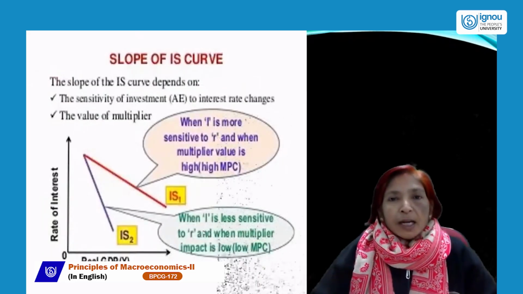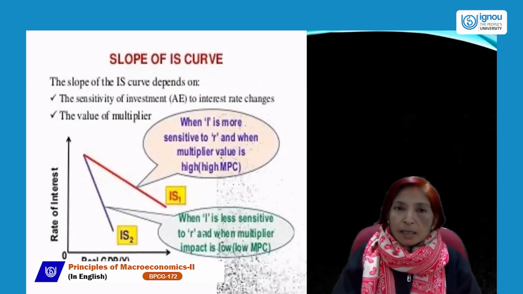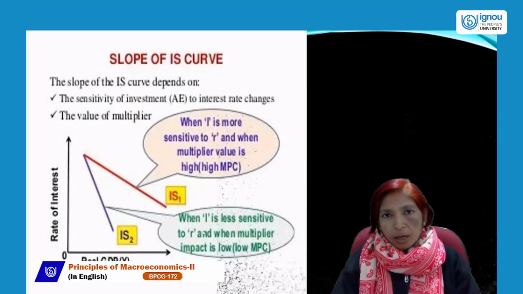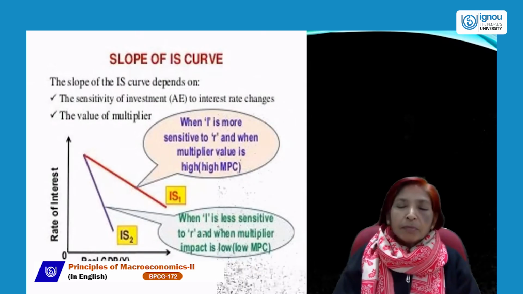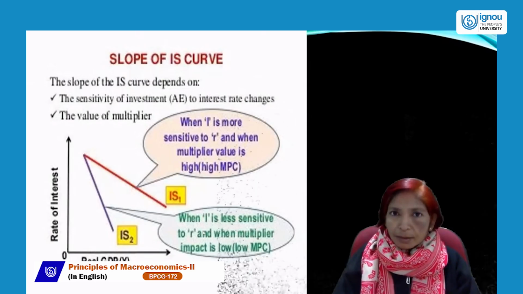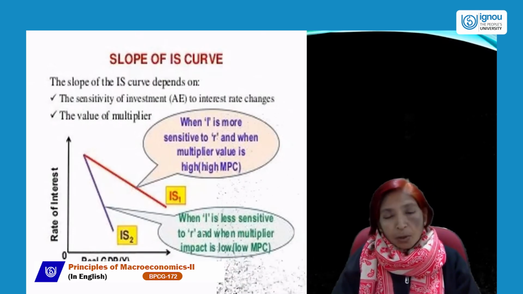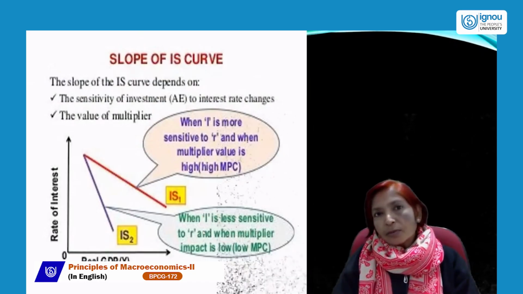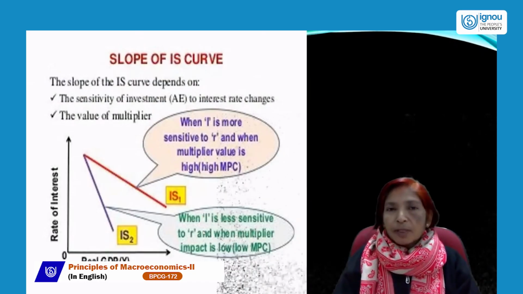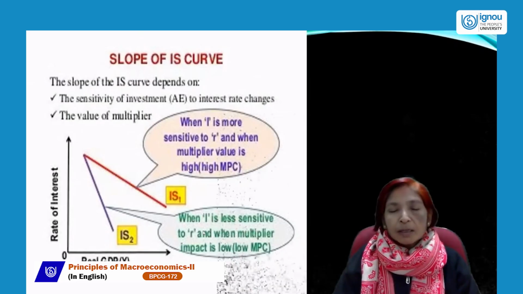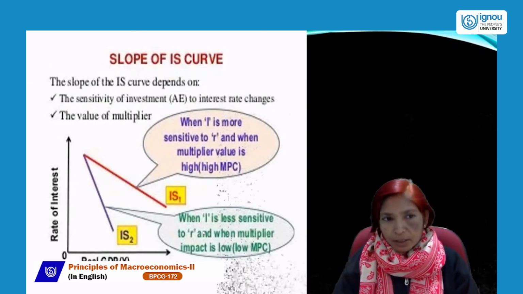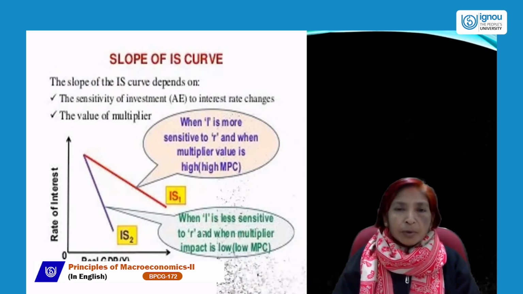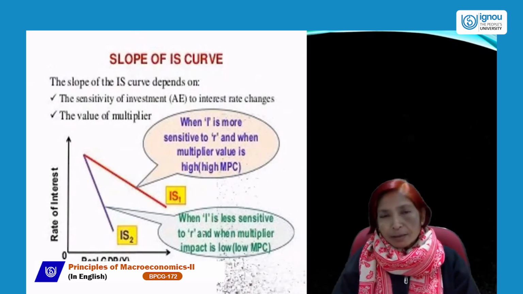The slope of the IS curve generally slopes downward, or negative, but it may be steeper or flatter. But we will always draw the IS curve as a downward sloping curve from left to right. The slope of the IS curve depends mainly upon two factors.